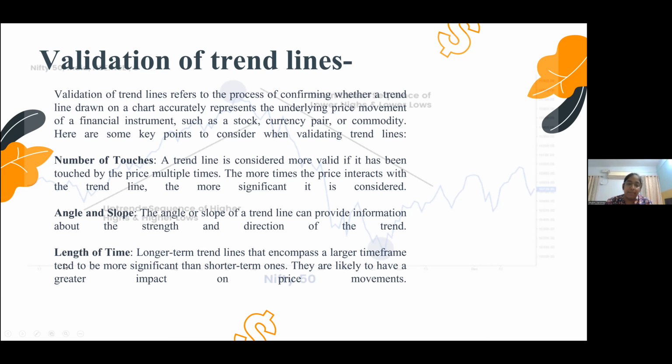Then length of time. As we all know, longer term trend lines encompass a larger time frame, which tends to be more significant, as over a larger time one can have more insight into the stock. For example, if I consider a stock just for 2 months, I might not get valuable insight into at what time the stock shows an uptrend or a downtrend.